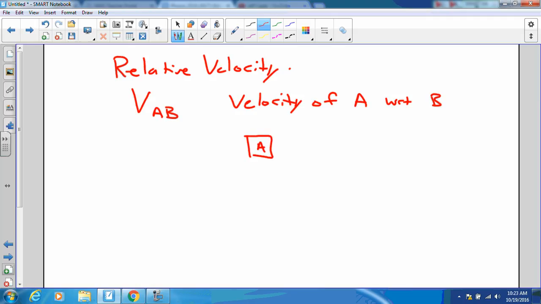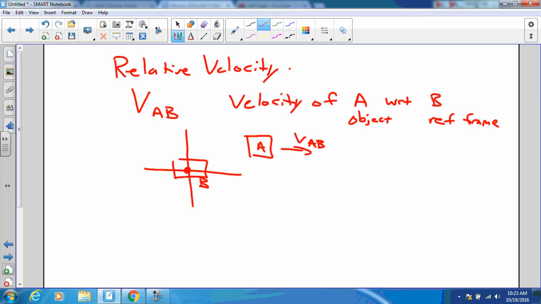So we are literally looking at A here and looking at its velocity. But we are measuring it with respect to a reference frame, B. B might be an object, or it might just be a point somewhere on the ground. What is our default reference frame if I don't give you a reference frame? The ground. That's exactly right.